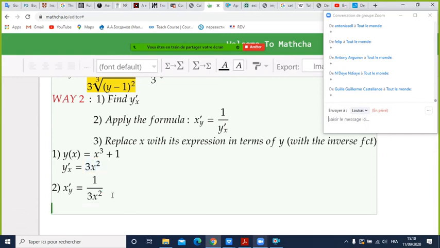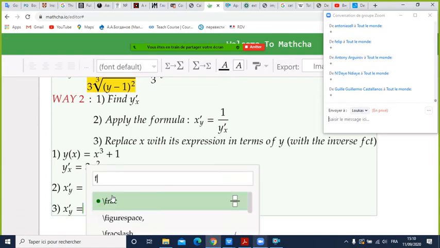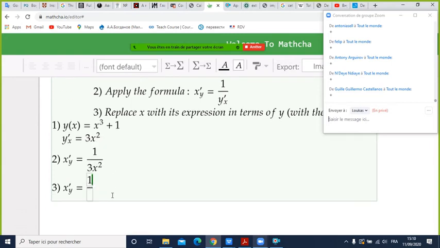But then here is where the magic starts. So this is not just x here. This is x of y squared.